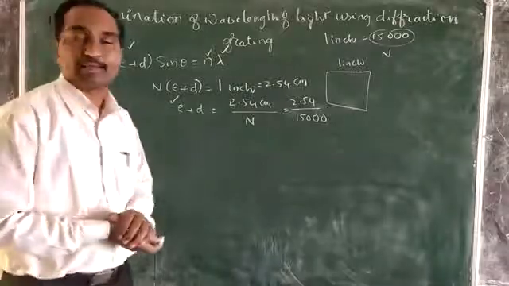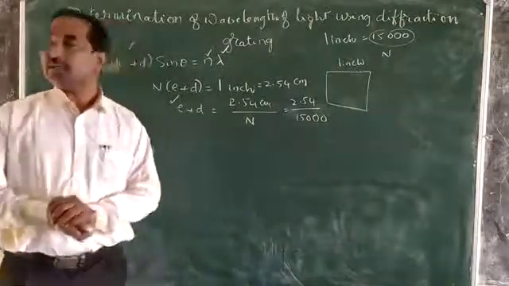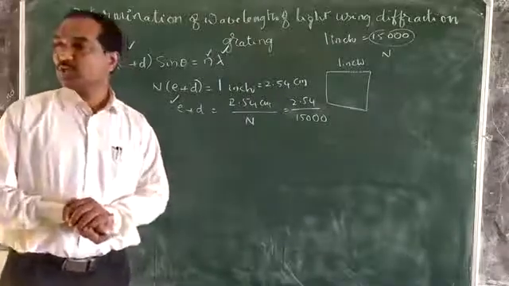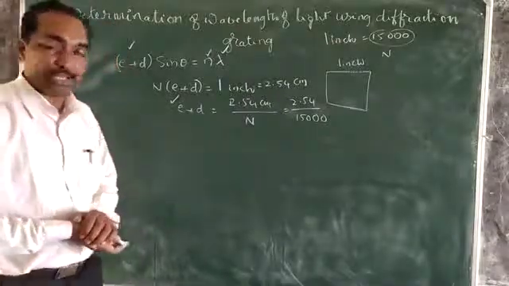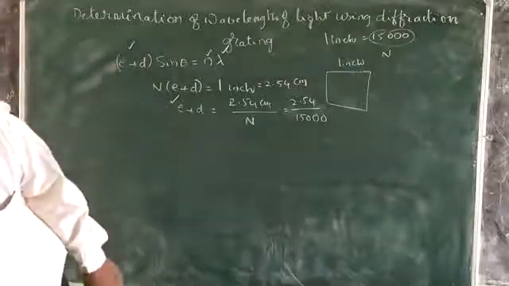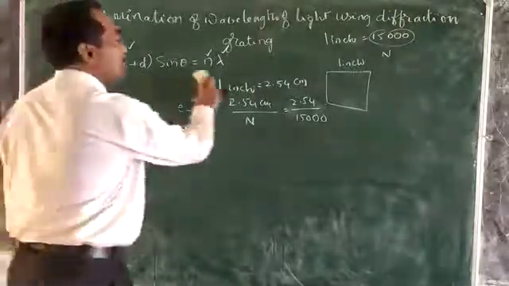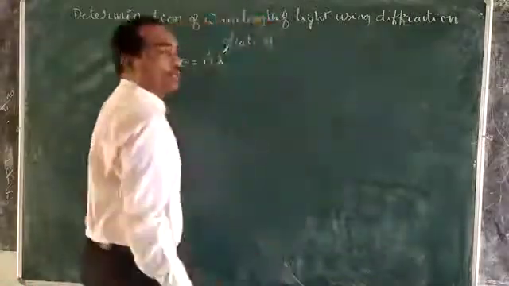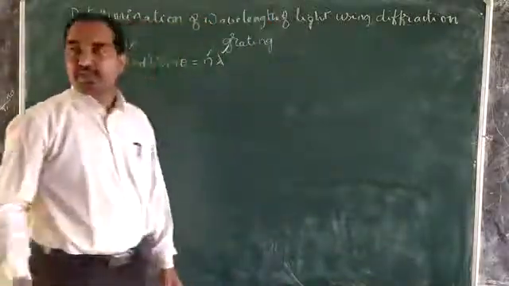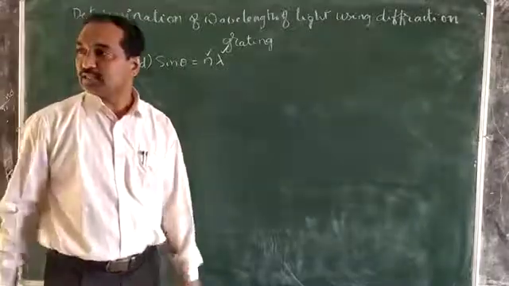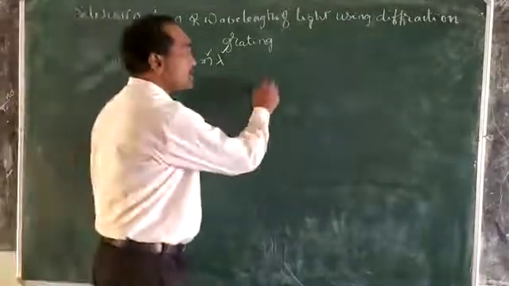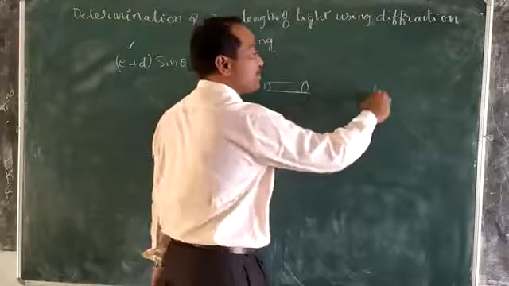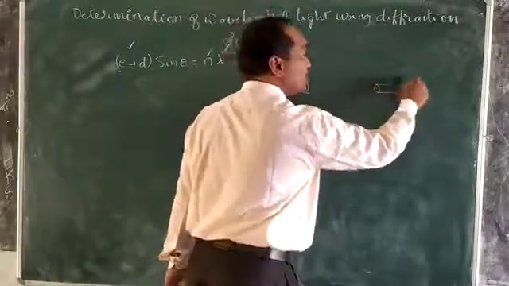How can we calculate it? Using a spectrometer, we can determine the angle of diffraction. What is the construction or type of the spectrometer, and how does it work? We discussed the spectrometer at intermediate level and high school level also. There is a collimator and there is a microscope or maybe a telescope.